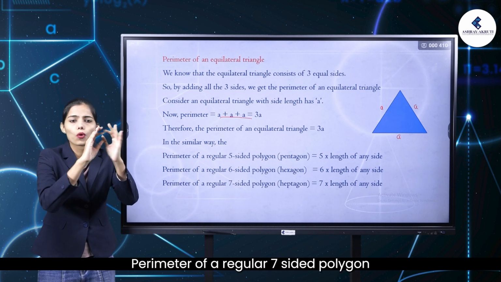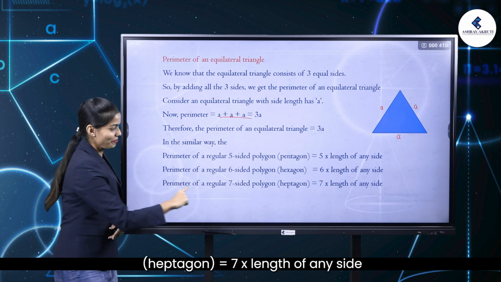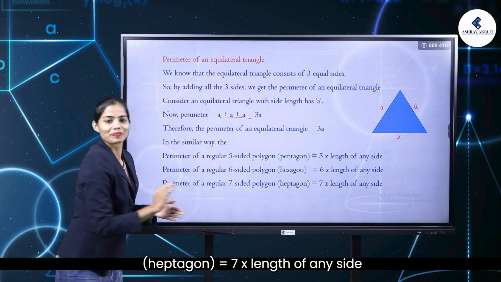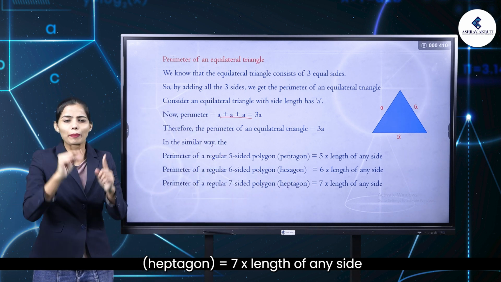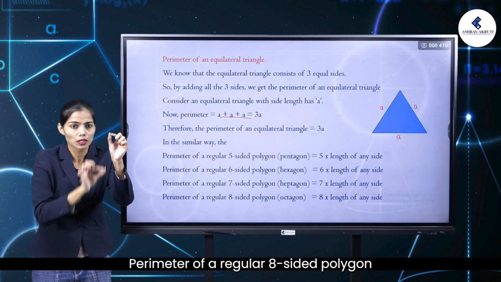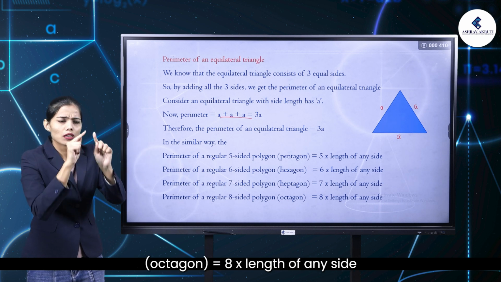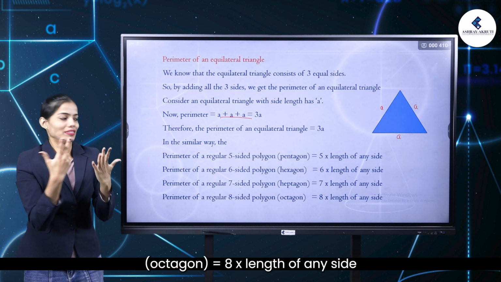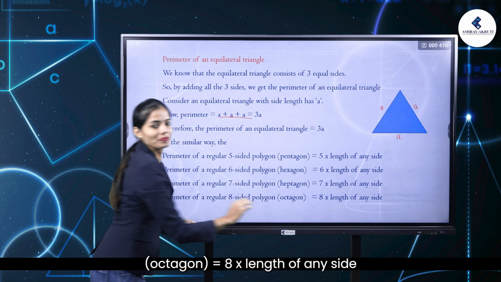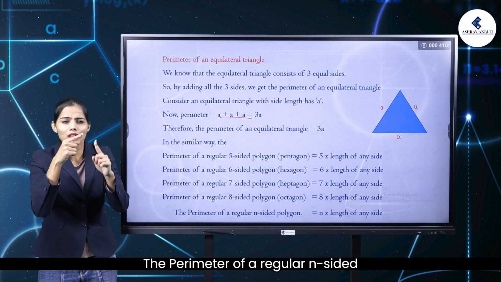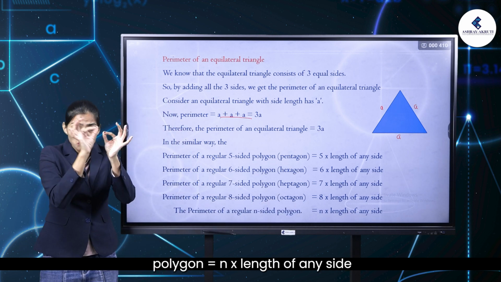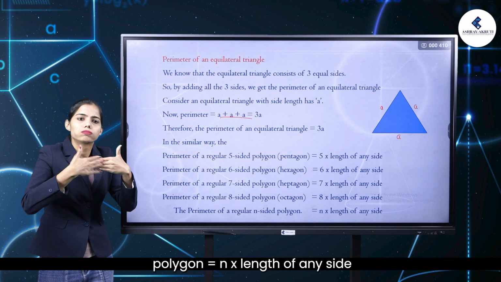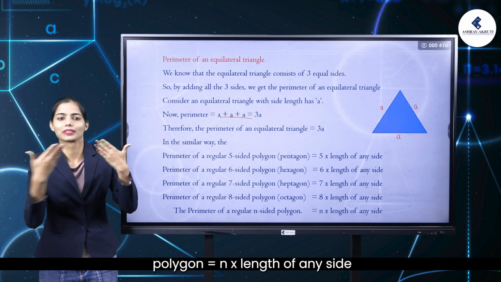Perimeter of a regular 7-sided polygon, heptagon, is equal to 7 into length of any side. Perimeter of a regular 8-sided polygon, octagon, is equal to 8 into length of any side. The perimeter of a regular n-sided polygon is equal to n into length of any side.